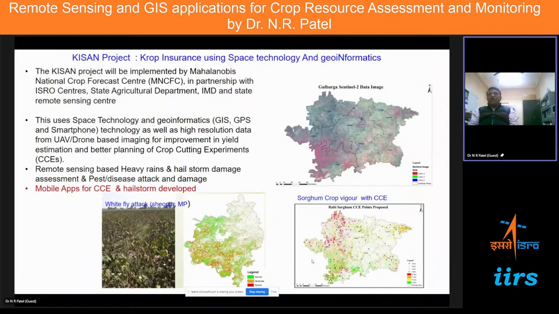GIS, GPS, drones, high resolution satellite data, along with systematically planned crop cutting experiments are being used to define, detect, or develop a remote sensing based crop insurance index for adjusting the crop compensation, or better assessment of the crop compensation.